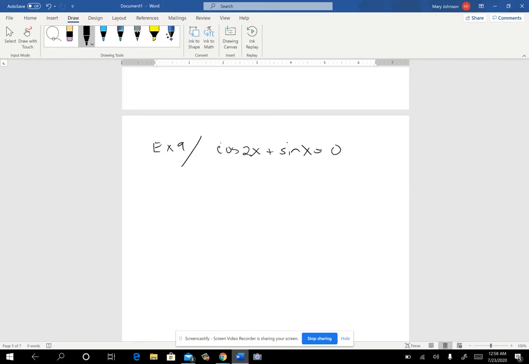Okay. And so what I would do there is I would have my formula sheet and I'd be thinking, I don't want to have cosine and sine. So I'm going to rewrite the cosine of 2x so it only has sines in it.